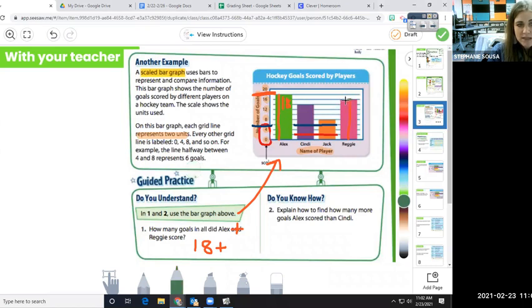So I like to trace that line over. So I'm going to trace over to see where it's at. And oh, look at that. Reggie's right at 16. So Reggie scored 16 goals. So Alex has 18 goals and Reggie scored 16 goals.